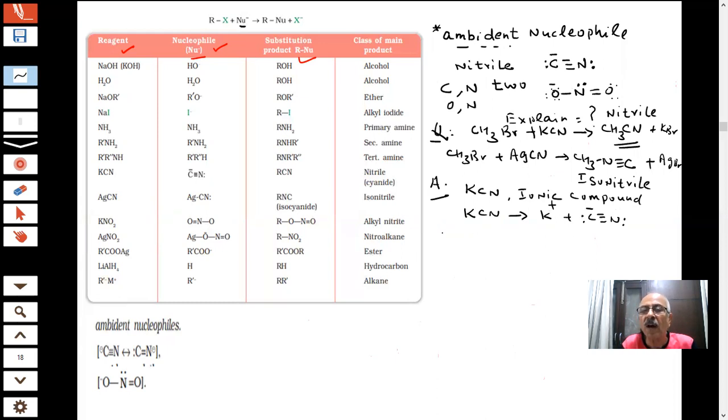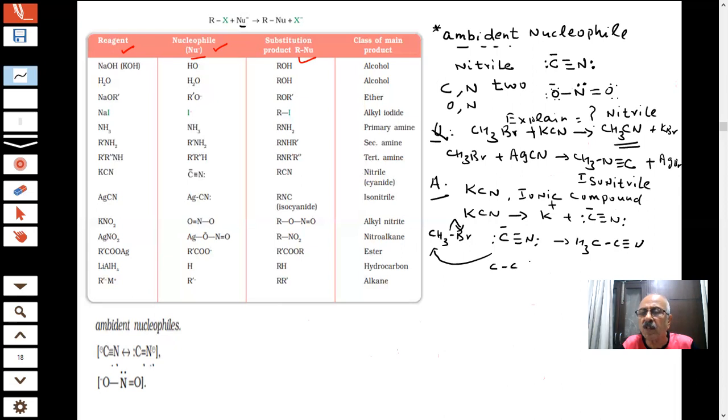Now you have CH3Br and this ion. There are two possibilities. Either carbon joins with the carbon, this has to leave, and this is my nucleophile, or nitrogen will come to the carbon. In this case, the carbon forms the bond with the carbon.